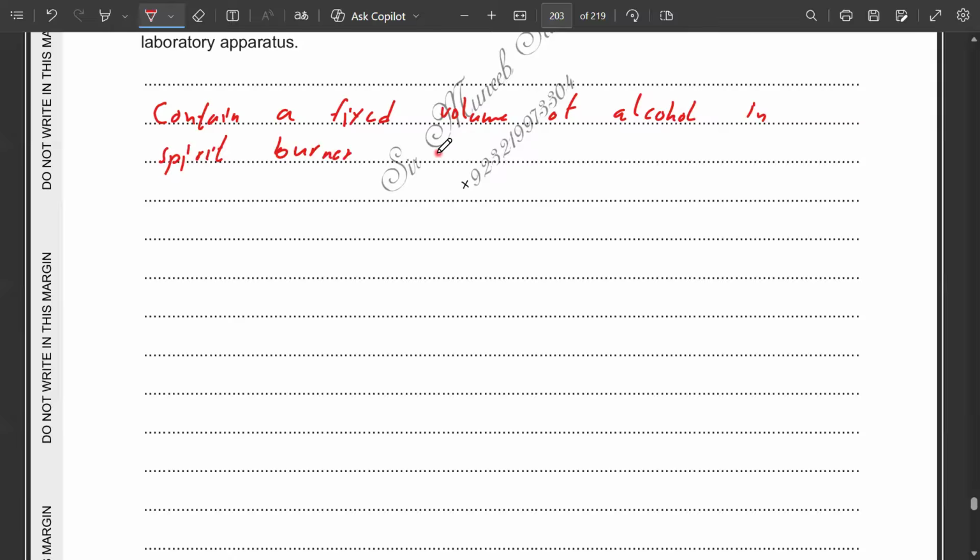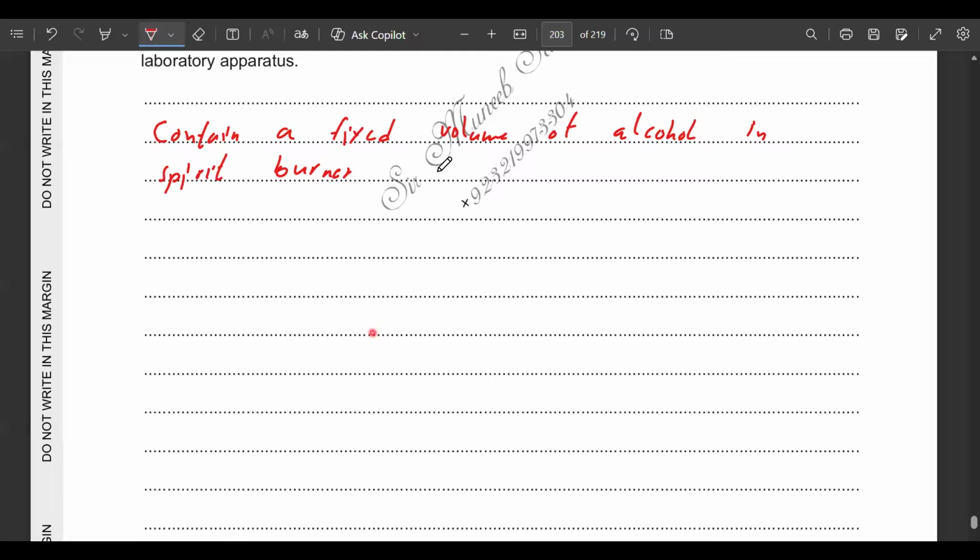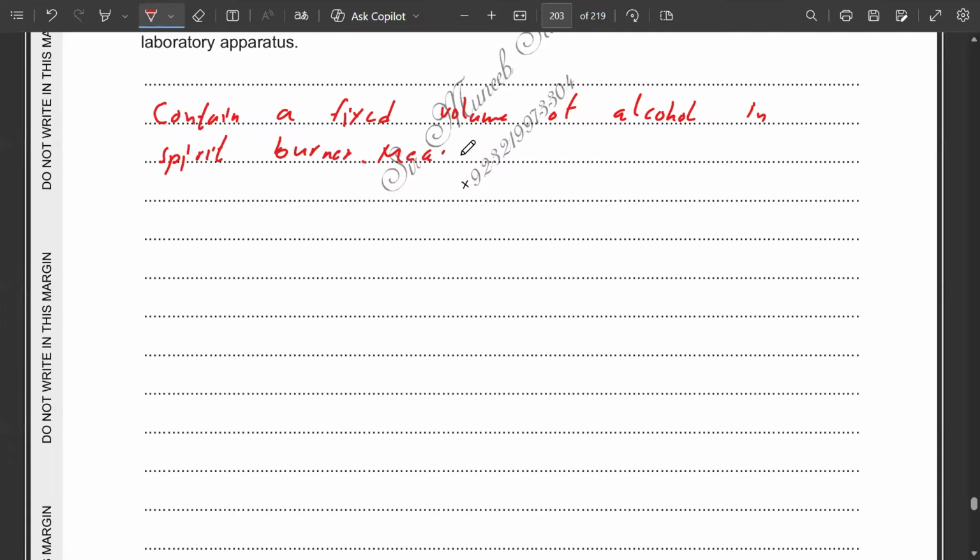A fixed volume of alcohol must be used in the spirit burner, and along with that, you have to use a measured volume of water in the boiling tube.